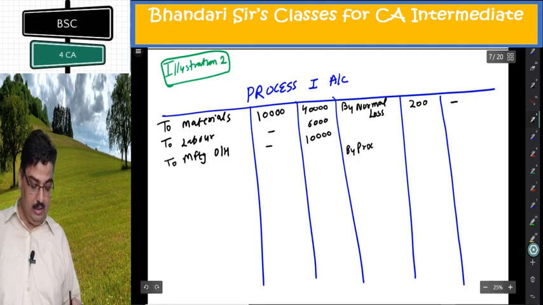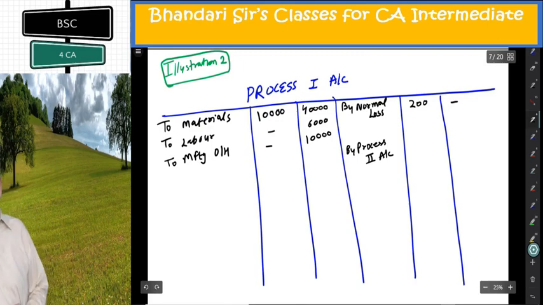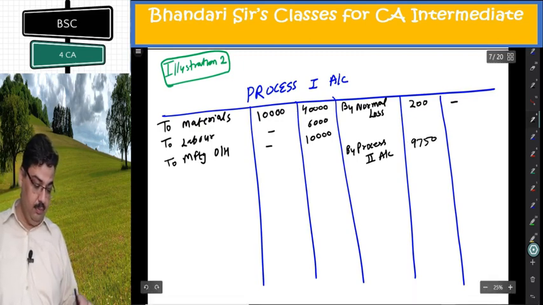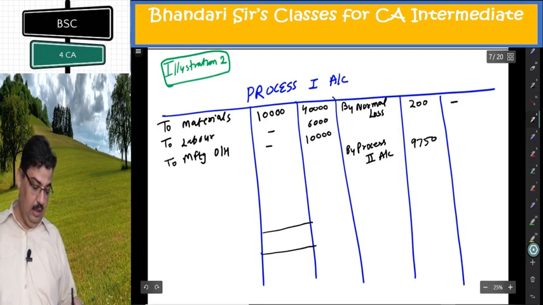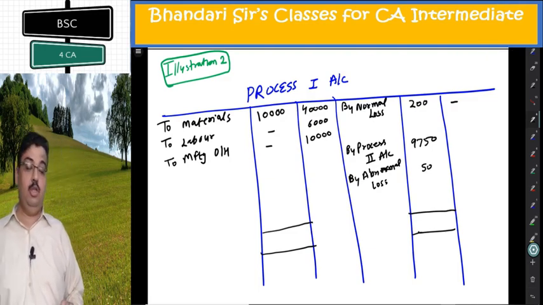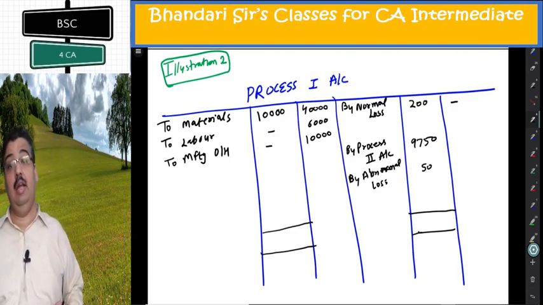By process 2 account. In second process, actual output is 9750. Now balancing figure in units column here, by abnormal loss 50 units. They should have created 9800, they are creating 9750.